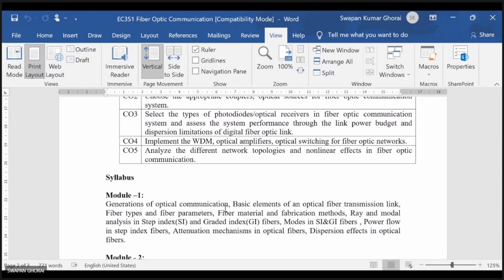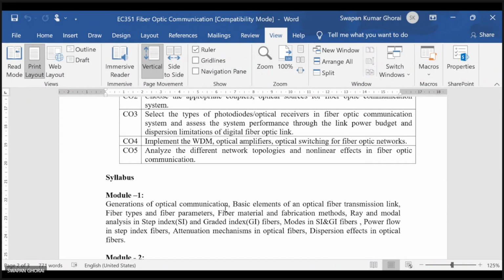Next, in this module, the basic things will be discussed. Like, what are the components required for a fiber optic link? The main component of the system is the fiber. So we'll see there are different types of fibers and fiber parameters. In fiber types, you'll see single mode fiber and multi-mode fiber.